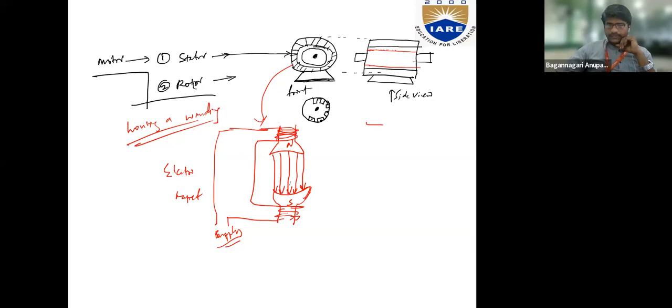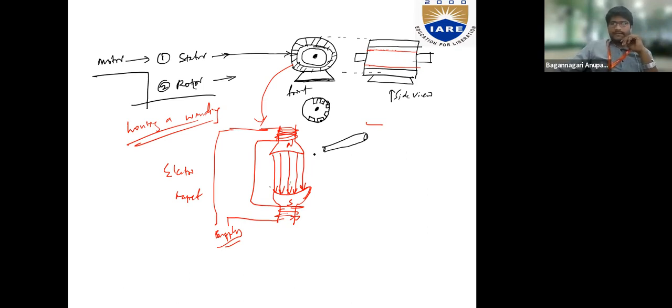So as a whole, what's the function of this winding? They are nothing but a conductor, just a conductor placed in the slot like this, right? So what happens if these conductors are placed in the magnetic field? According to Faraday's law, which we discussed in the morning class, what does it state?